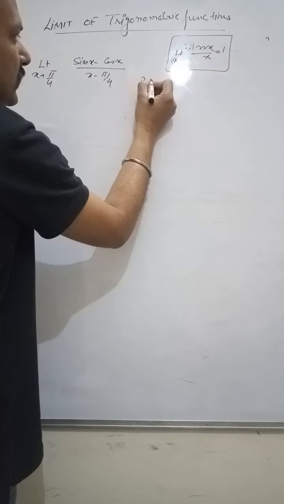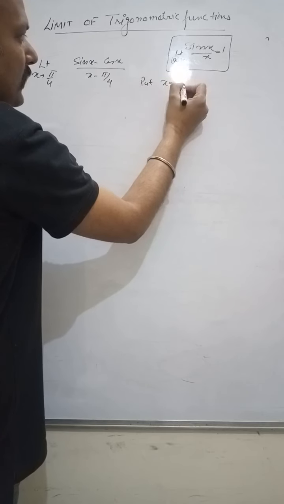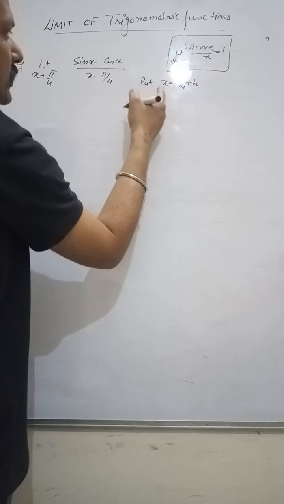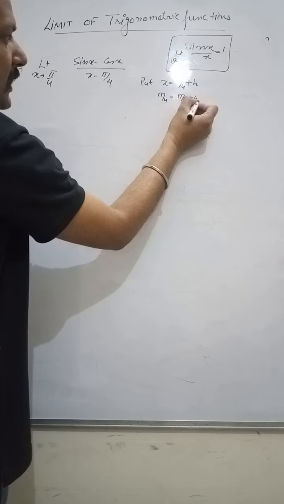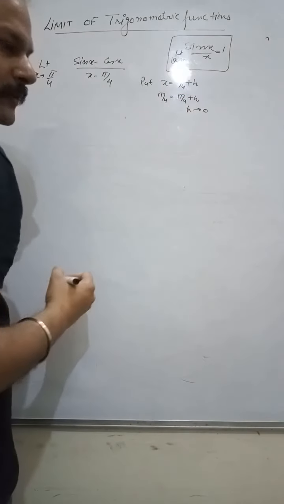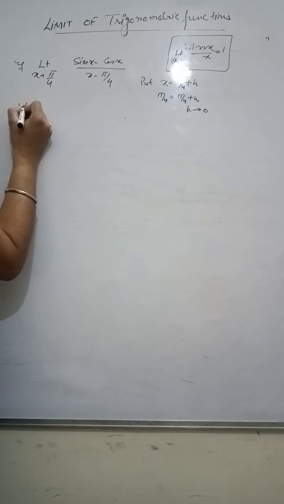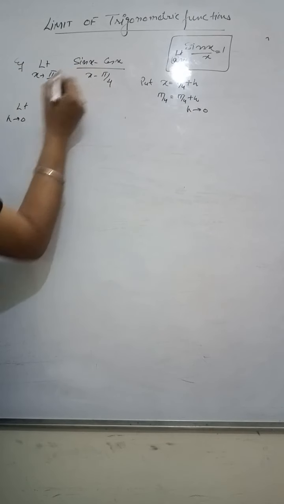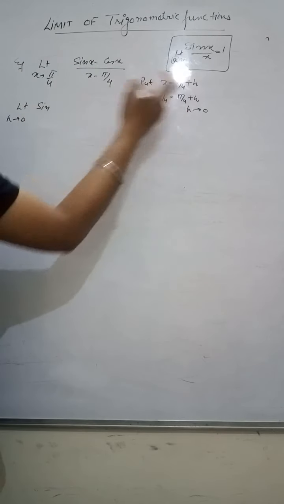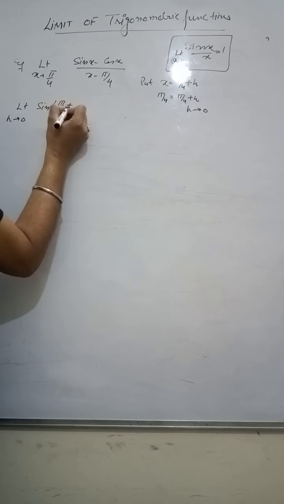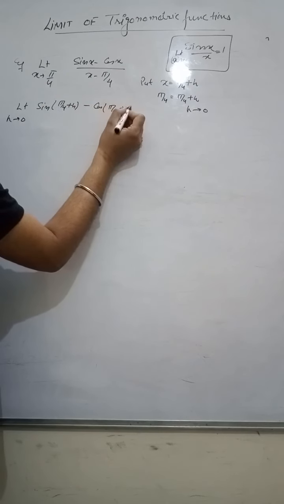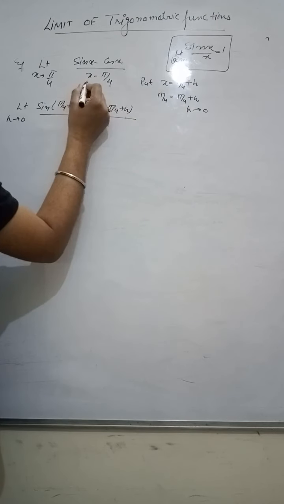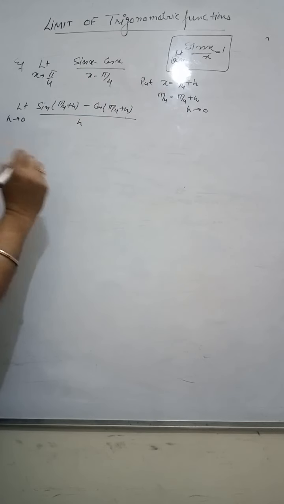What I do is I put x equal to pi by 4 plus h. So when x goes to pi by 4, that means h will turn to 0. So what it becomes is the limit as h goes to 0 of sin of pi by 4 plus h minus cos of pi by 4 plus h, divided by x minus pi by 4, which is h.